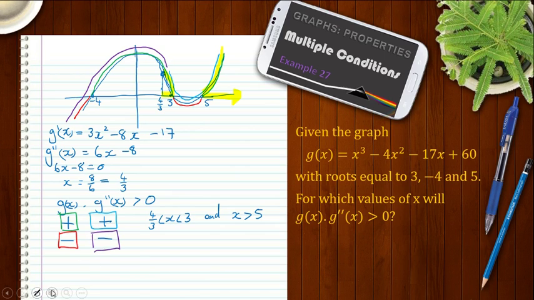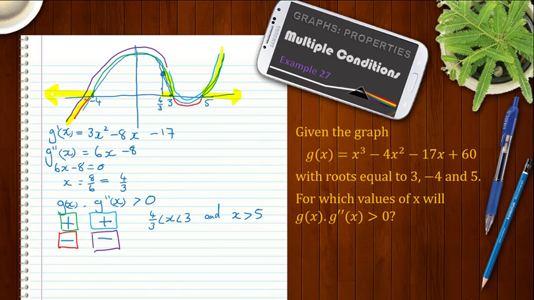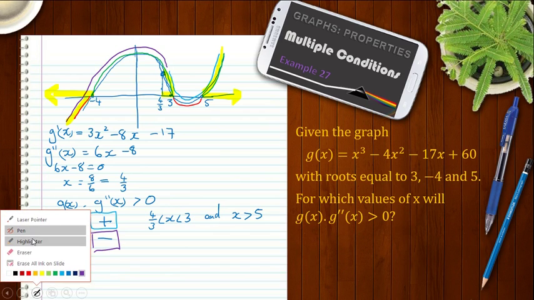Okay, so where is both true? Both is true here. Here my graph is both concave down and negative. So for all the x values that are less than -4, that is where my graph is both concave down and negative.